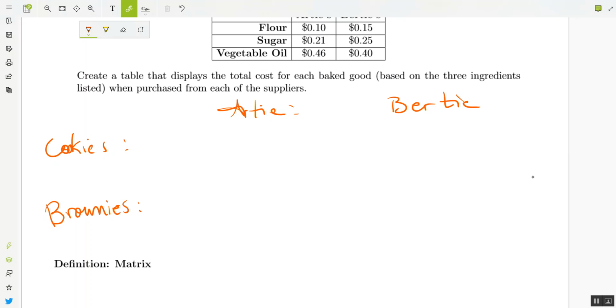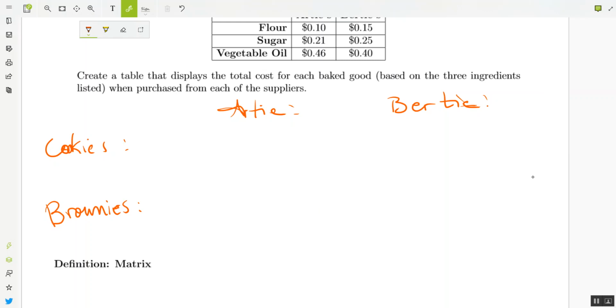Terrible handwriting is already showing, so this is going real well. Anyway, if we were to make cookies, which requires 2.5 cups of flour, like 2/3 of a cup of sugar, and 2/3 a cup of vegetable oil, at Artie's that'll cost us respectively 10 cents, 21 cents, and then 0.46 or 46 cents per cup.